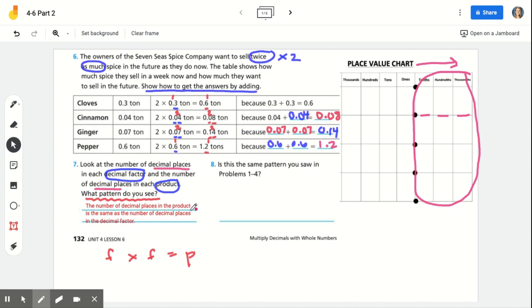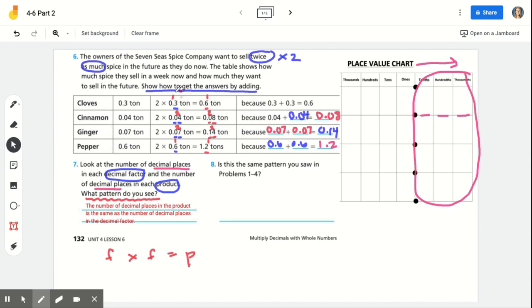Number 8 said, is this the same pattern you saw in problems 1 through 4? Yes. In the money situations, we were looking at 2 decimal places in our factor and 2 decimal places in our product, and that was the same for all of those money situations. For this spice company situation, we had a different amount for each of the spices.